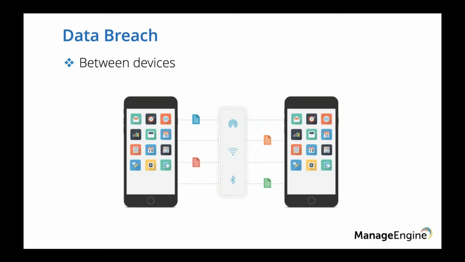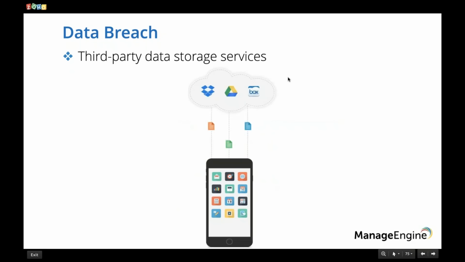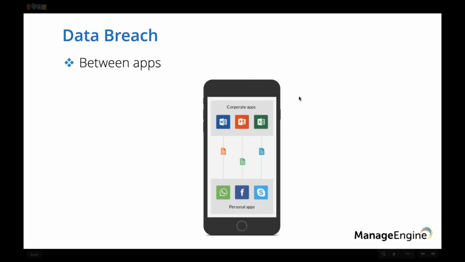When corporate data is shared between devices, or when this corporate data is stored on third-party cloud services which are not authorized by your organization, or when, even in a single device, this corporate data is being accessed by personal applications. All these are the main reasons for a data breach in organizations.